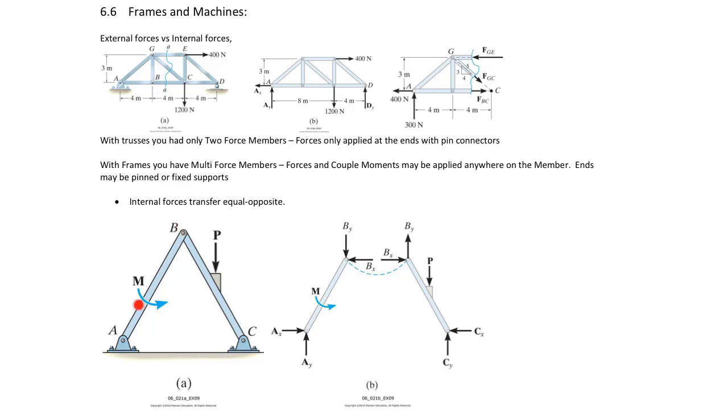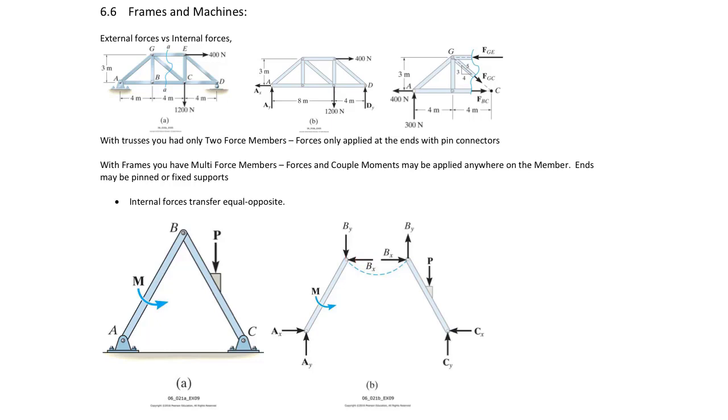This is where the forces transfer equal and opposite. So if I draw a free body diagram of this guy, I know that there's a pin reaction here. There's a couple applied. I don't know for sure what the directions of the forces are at B, so I'm just going to draw a BY this way and a BX that way. If I draw a free body diagram of this guy, it has a pin connection, a force applied. And where the forces are applied here at B, where they meet, these are called mating forces, and they have to transfer equal and opposite.